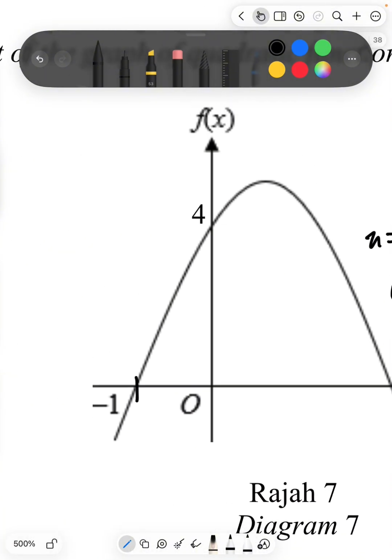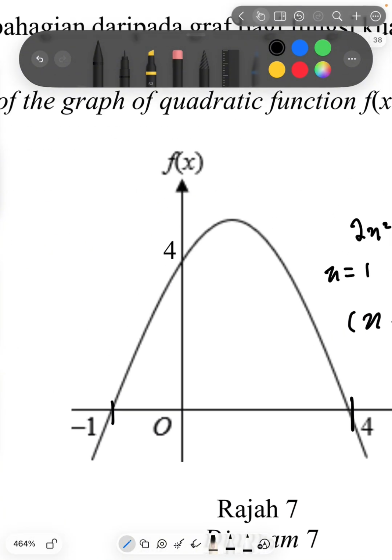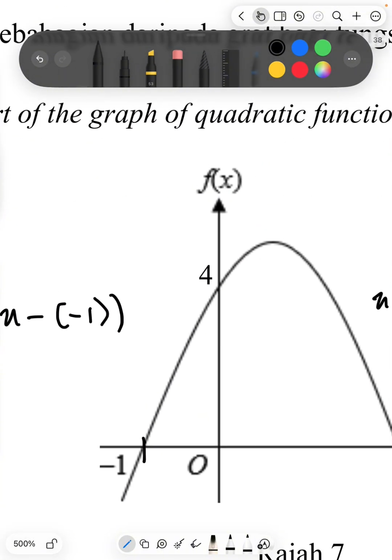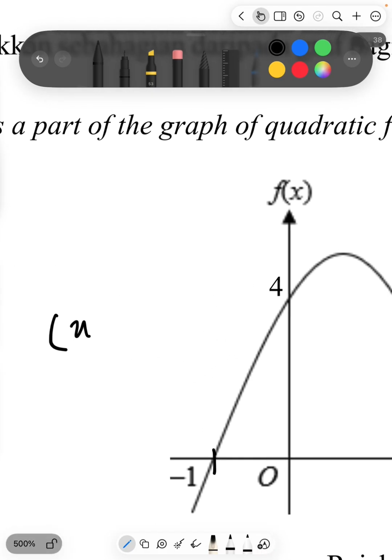So now that they already give you the roots, you can just put it back into this: x minus negative 1, bracket x. So if you get negative, it's positive. I'm just going to do it step by step.